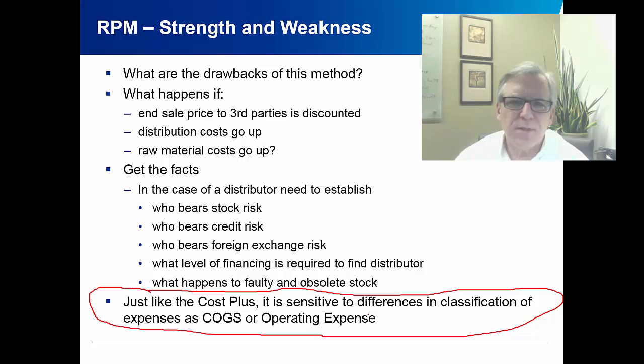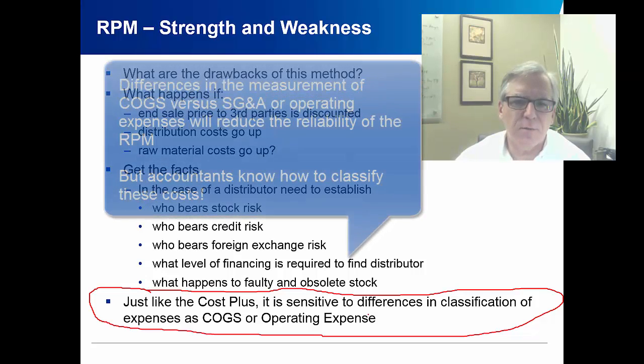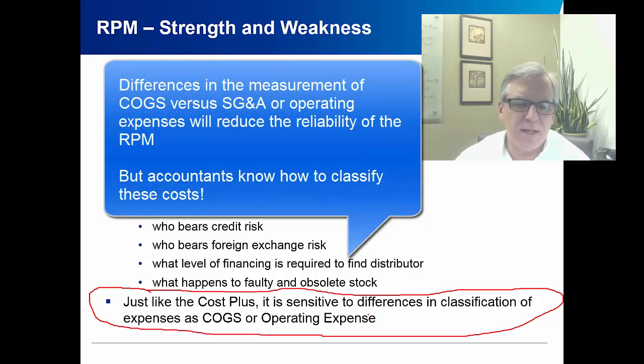If two firms classify what is considered COGS versus what is considered operating expense differently, then that's going to shift costs from one level of the income statement to another level. If the COGS were understated because the expenses were listed as operating expenses, then the COGS are down, so that makes the gross margin bigger, but it picks up in the operating expense, and therefore those two things eliminate by the time you get to the operating margin.